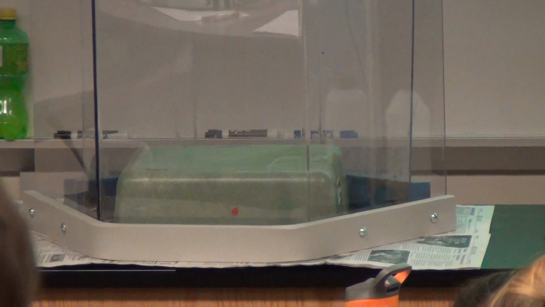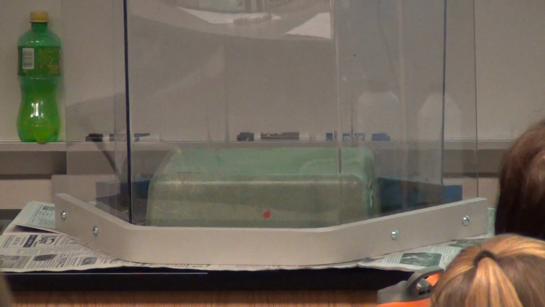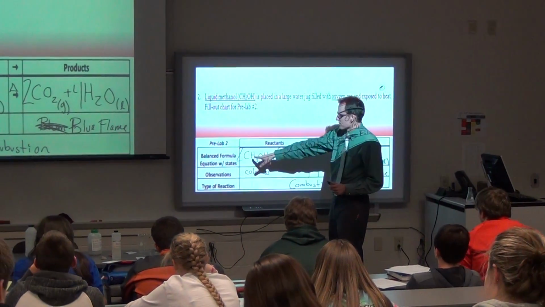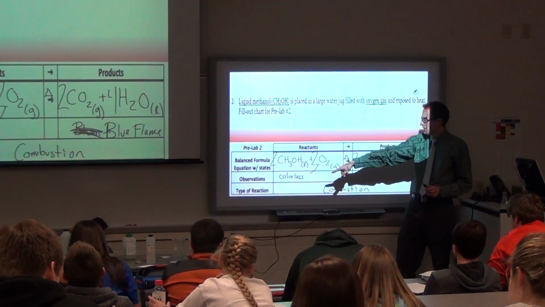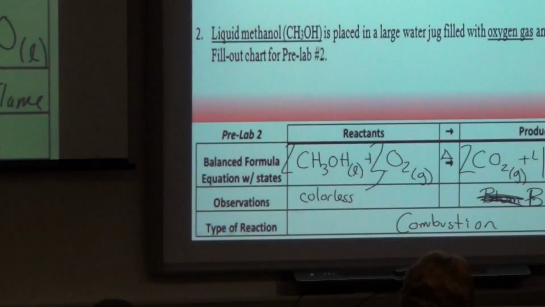What did you say? 2, 3, 2, 4? 2, 3, 2, 4. That wouldn't work either. 8, 14. That's it. Yeah, that works. Because there's 8 H's, and there's 4 H's here times 2. And there's 6 O's plus another 2 O's. That's 8 O's. 4 O's here, another 4 O's there.